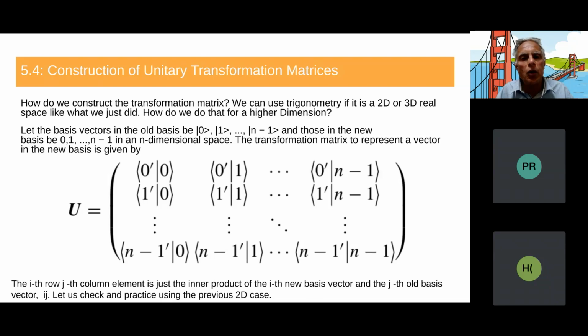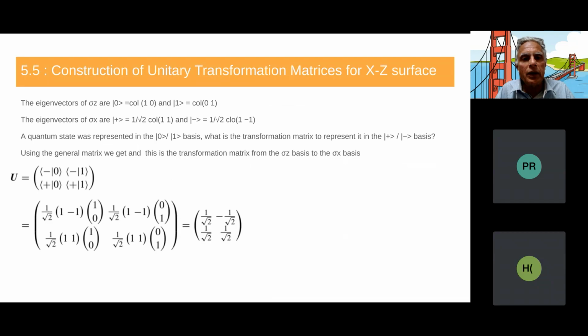All it means is that dot products of those in that space should be scalar. Okay, so this is the unitary matrix, and we can calculate that. For example, if I have sigma z, which is an eigen, we know sigma z is the one which you have been using as a standard basis, right?